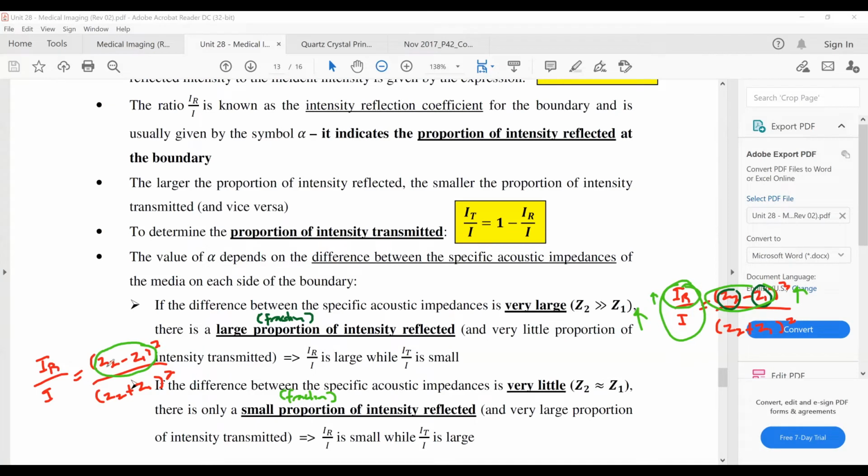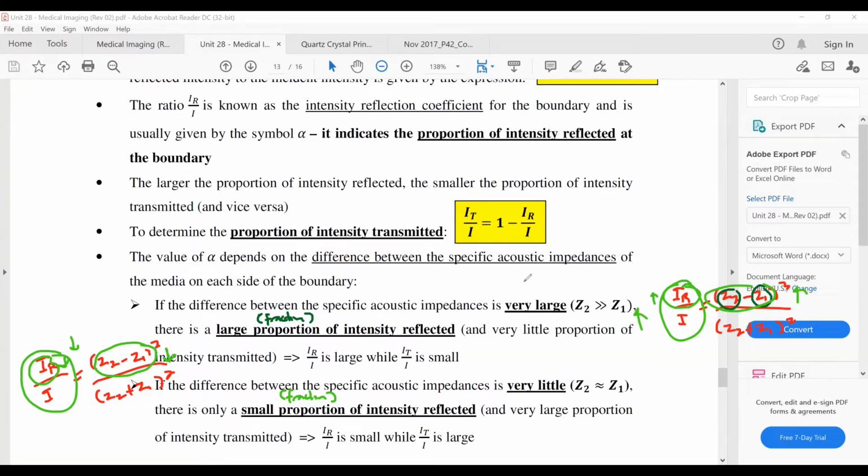If this and this are almost similar, the difference is going to be very small. If this is small, that means the entire thing is small. So your fractional intensity reflected will be small. If your fractional intensity reflected is small, that means your fractional intensity transmitted will be large.